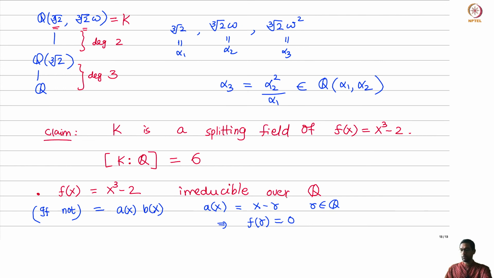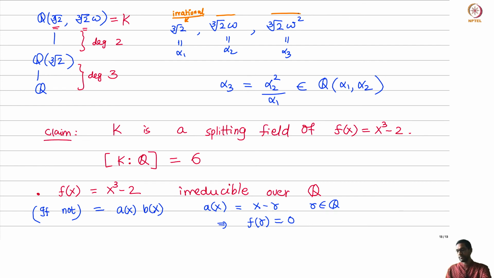One can easily check that none of these three roots is in Q. It's clear that the cube root of 2 is irrational. Maybe one has to give a short proof of that, but since the cube root of 2 is irrational, it's not in Q, and the other two are clearly not in Q, since they have an imaginary part.